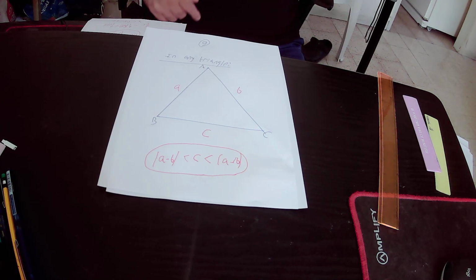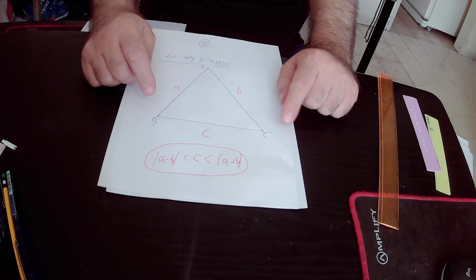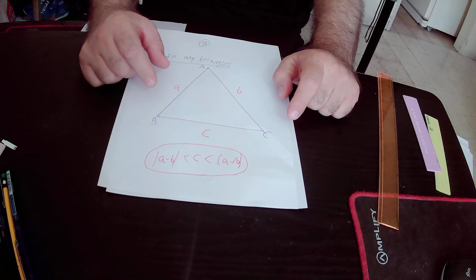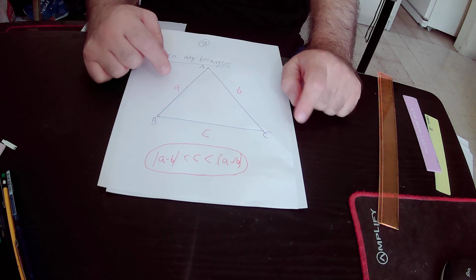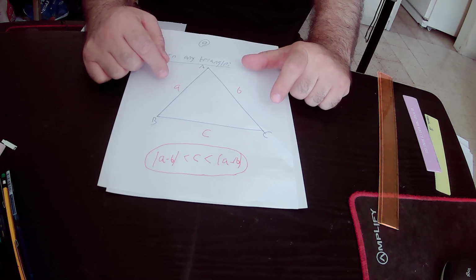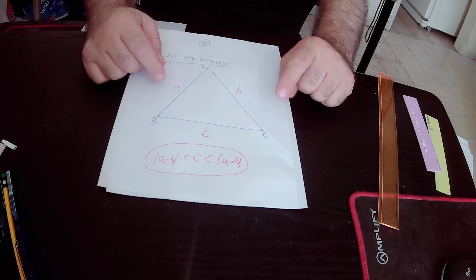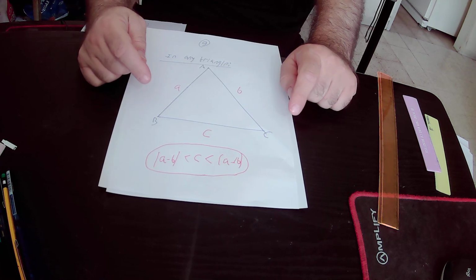So if we relate to triangle ABC, we know that the size of AB is A units, the size of AC is B units, and the size of BC is C units.